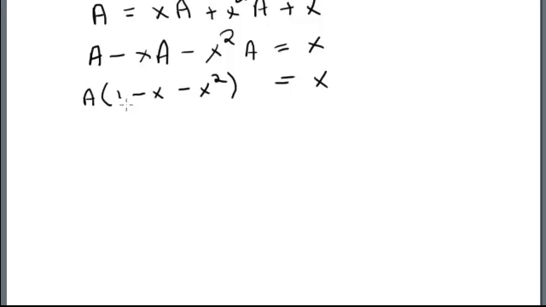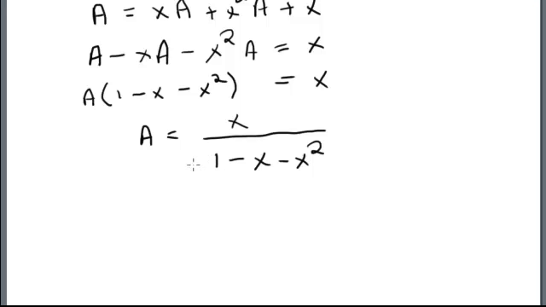What does that say? That says it has a multiplicative inverse. So I can multiply both sides by the multiplicative inverse, and I get a is equal to x over 1 minus x minus x squared.